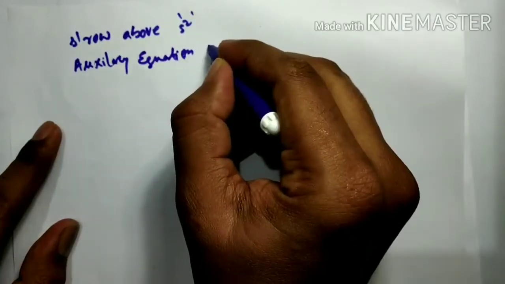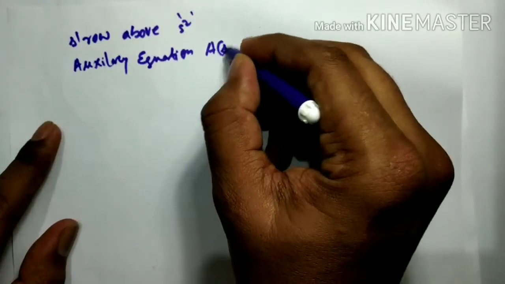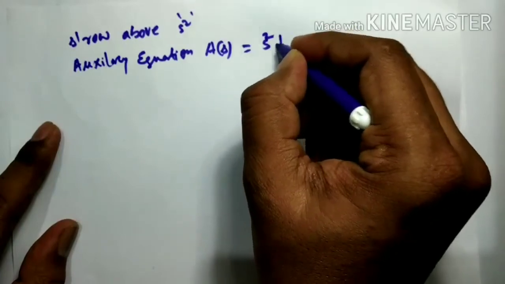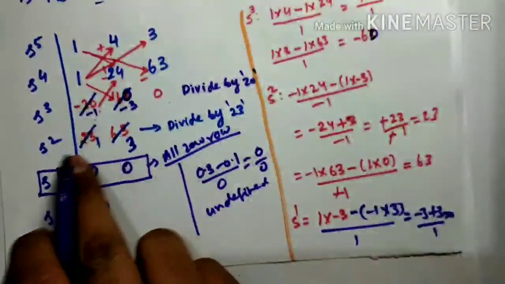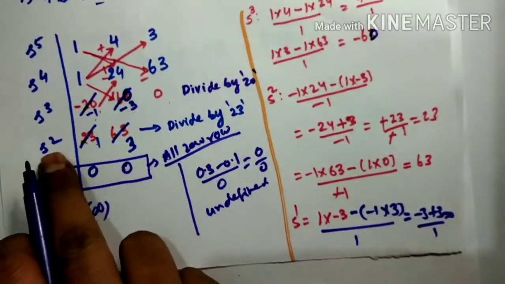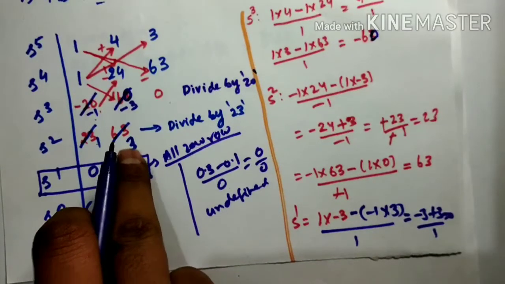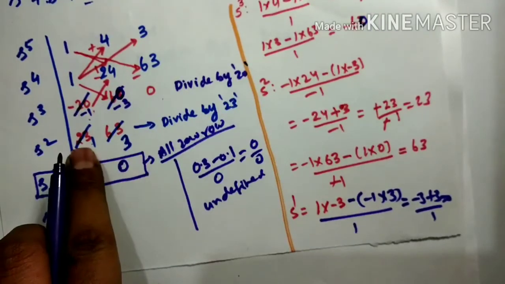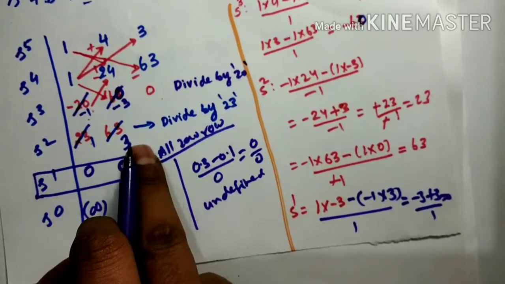Generally we represent it as an auxiliary polynomial equation. So that is s square plus 3. You just see here, how did I write it? This row started with s square. After s square, generally we get the coefficient, right?